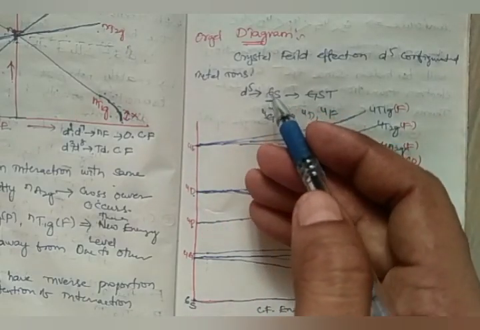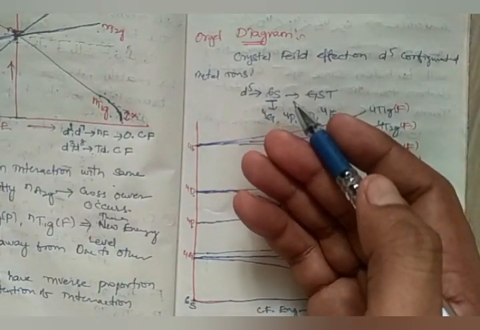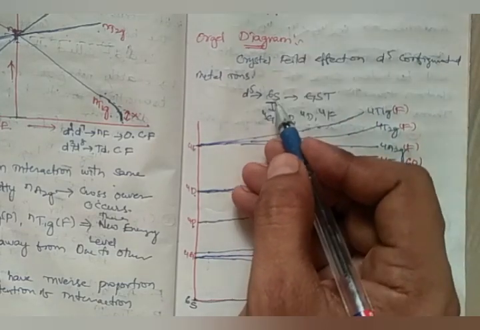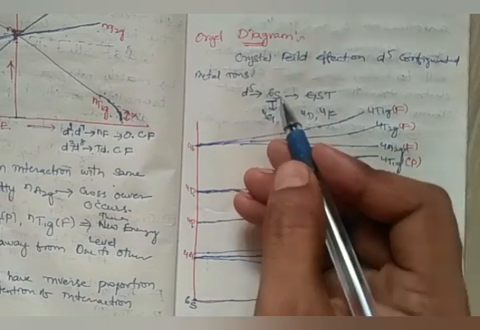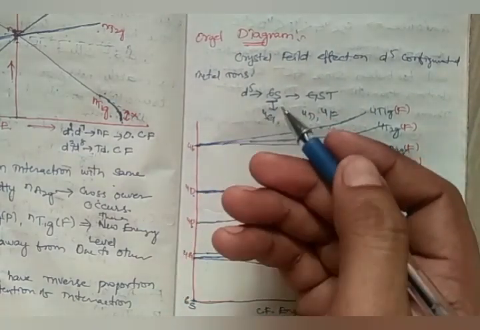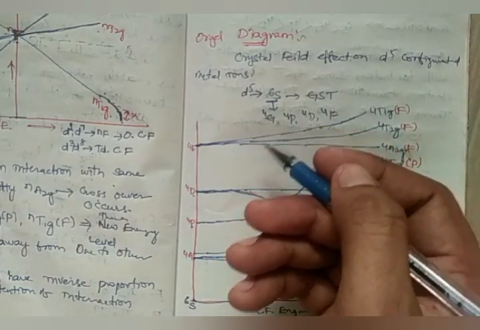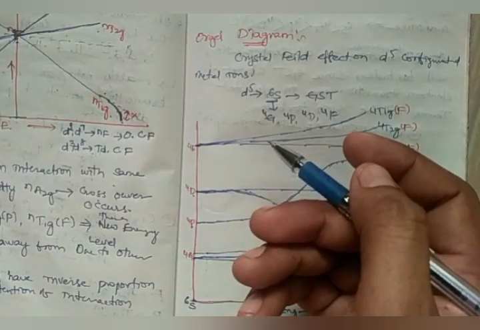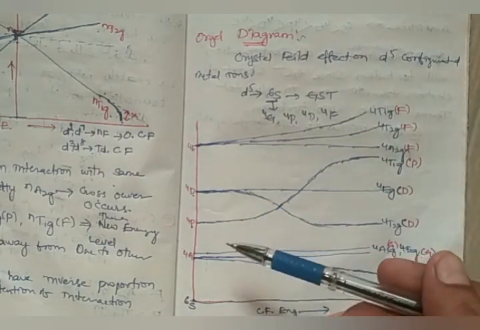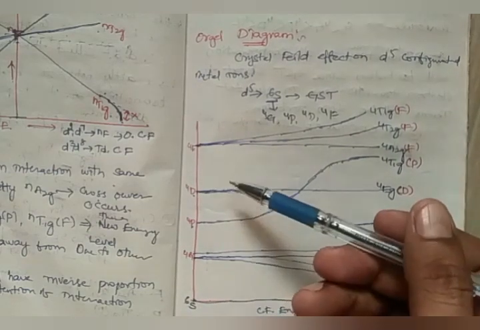So electron excitation should not take place when the crystal field affects only the ground state term. But practically the phenomenon is different. To explain the practical data, the Orgel diagram extends the crystal field effect to the next higher energy terms.